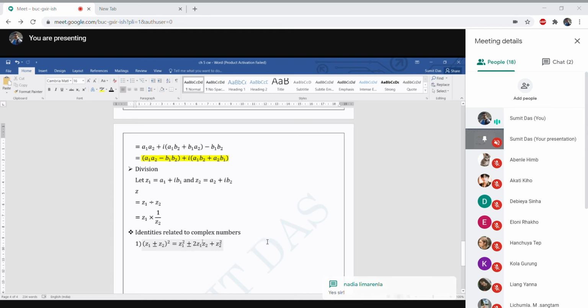So for z1 plus z2 whole square use the plus, and for z1 minus z2 use the minus sign.